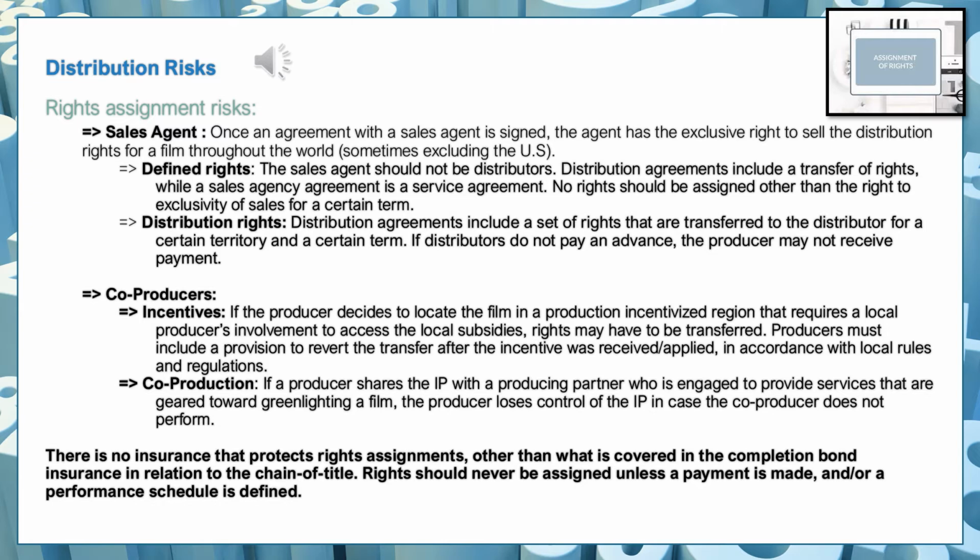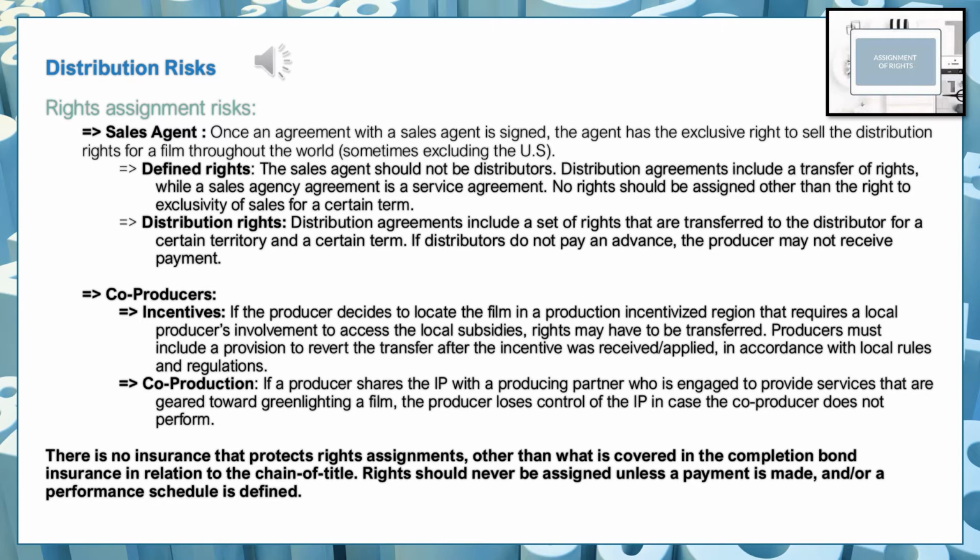There are situations where you're going to have to do a co-producing agreement with an incentive producer, meaning someone who is in a local country where you want to obtain an incentive and they are applying for the incentive for you. In that case, you do have to often assign the rights to this producer, and you should make sure that there is a provision that assigns these rights back to you at a certain time after the incentive was provided.